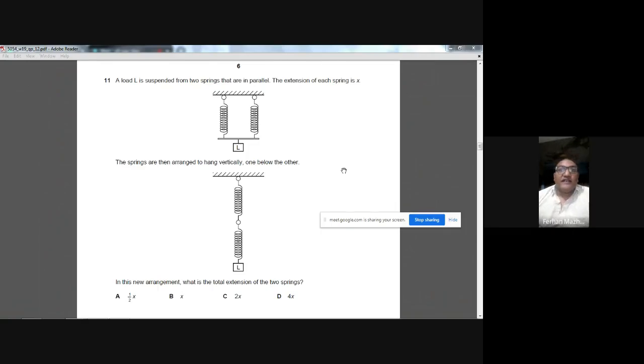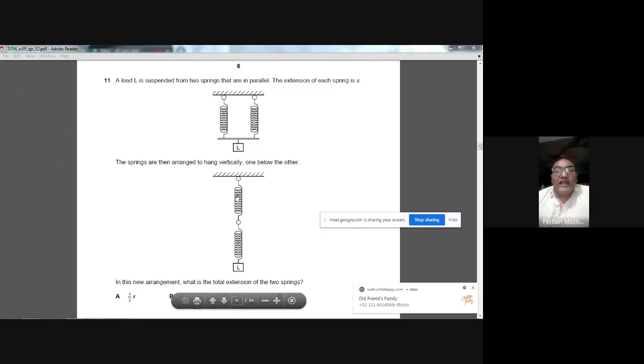two springs? You know, in this first situation, these two springs are parallel. You hung a load L, and because these two springs were parallel to each other, this load was distributed on them, and X extension was produced. But when you change the situation, now you are hanging the springs in this way.